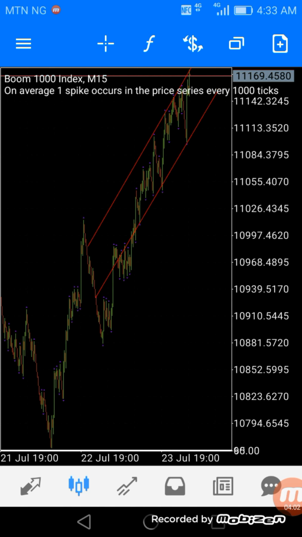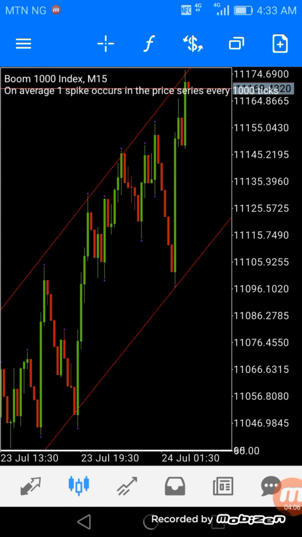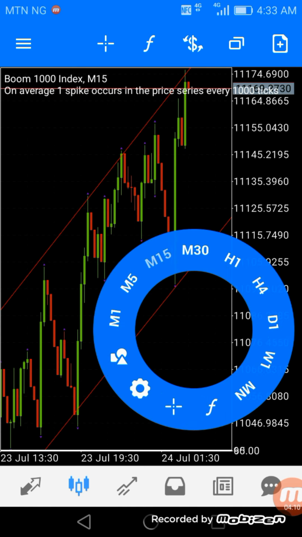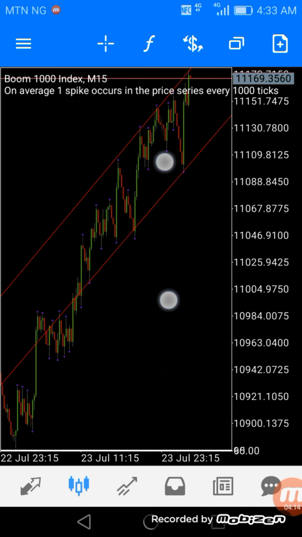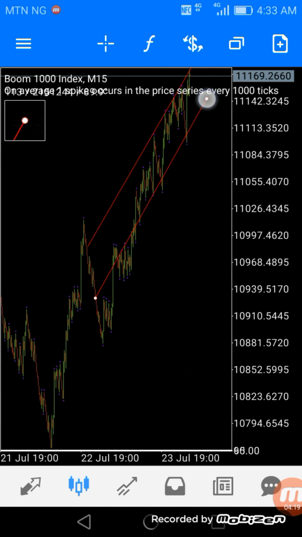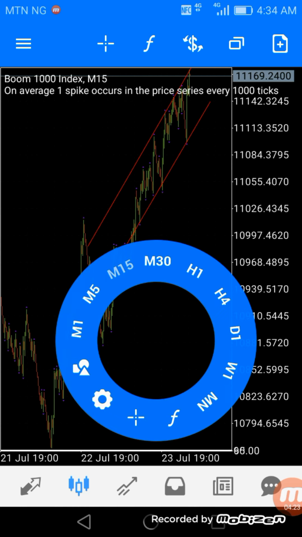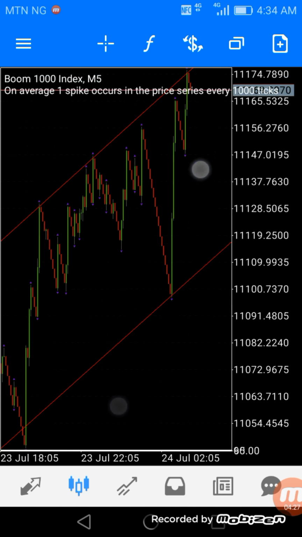Okay, now let's zoom in now. Hope you can see something. Now we can actually make further adjustments. Yeah, let's adjust this a bit so that we can have a perfect touch. Now we'll go to lower time frame and see what we've done.